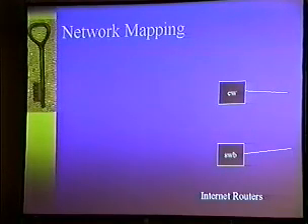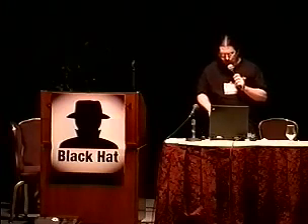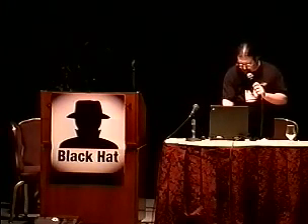Against this target, after doing some initial probes, I noticed they had two ISPs. Both of these went to major backbone providers, but basically Cable and Wireless and Southwestern Bell were the two main ones.